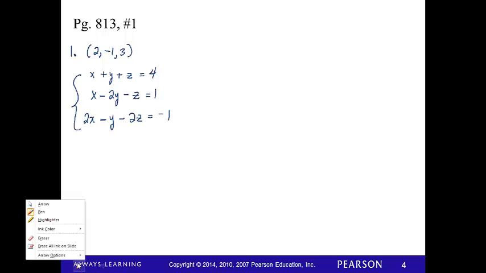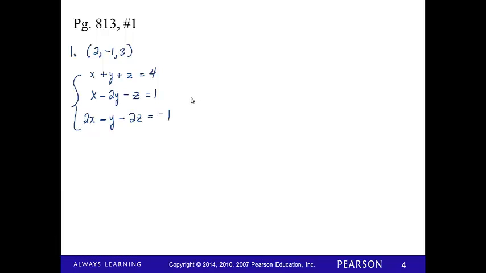So we need to verify whether this ordered triple is a solution or not. Everywhere we see an x, y, and z, we're going to plug in 2, negative 1, and 3 respectively for each equation. We start with 2 minus 1 plus 3. Does that equal 4? Well, 2 minus 1 is 1, plus 3 is 4, so 4 equals 4.